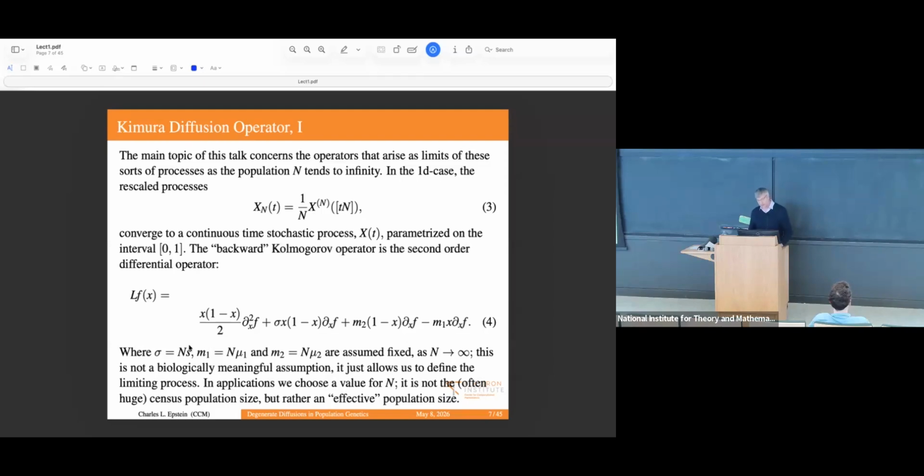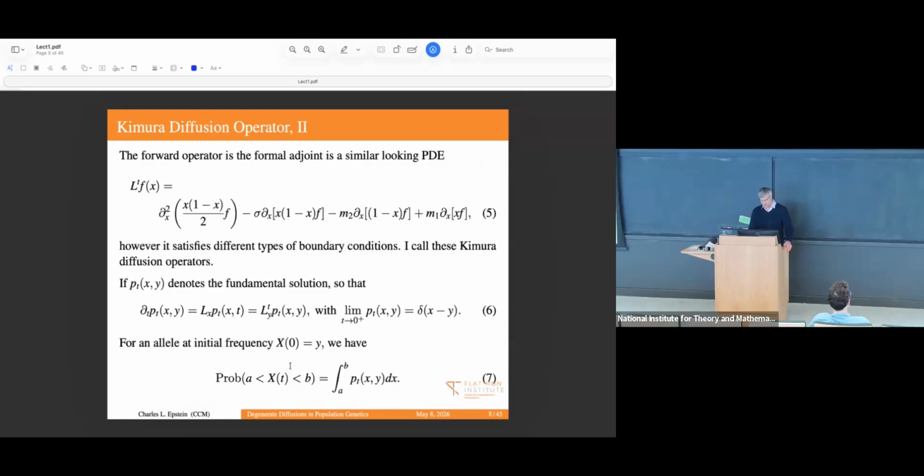In actual practice, what you do is you say, well, I'm going to determine these numbers in my model by knowing more or less what the population size is and knowing what the actual mutation rates are. And that actually gives me coefficients in the model. So this statement that those are fixed as n goes to infinity, that's just to get a limit. When you actually use the model, you have to figure out how to compute those numbers to get approximate results for your actual discrete system.